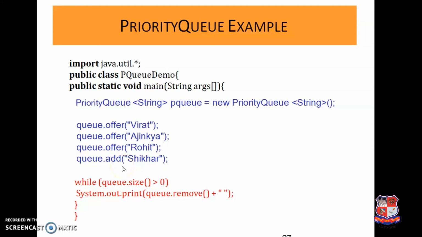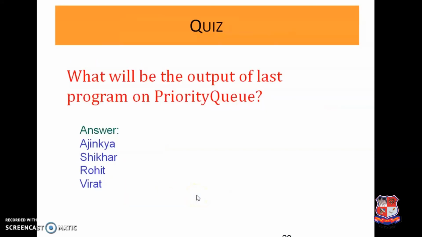So we have inserted 4 elements: Virat, Ajink, Rohit, Shikhar, and we will be able to access or remove all these elements by using the size method and the remove method. This while loop will work until there is an element in the queue, and it will remove elements from the queue.